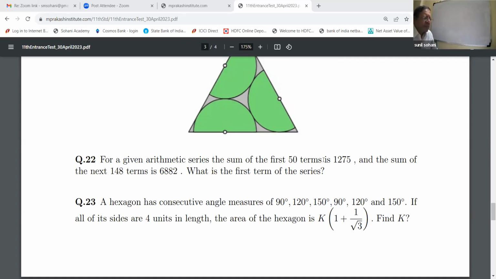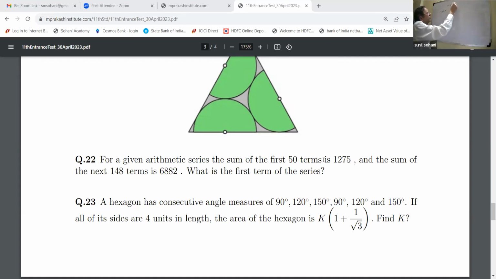So, for the first 50 terms, suppose A is the first term. So 50 A's are involved for 50 terms. I'll write this AP on the top.